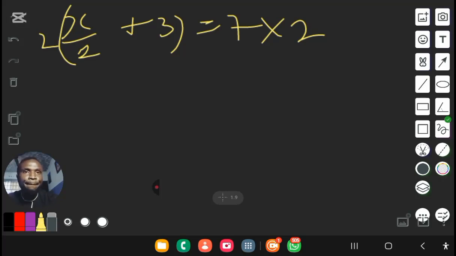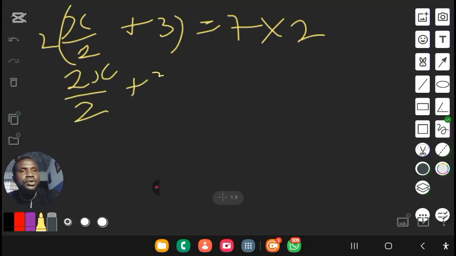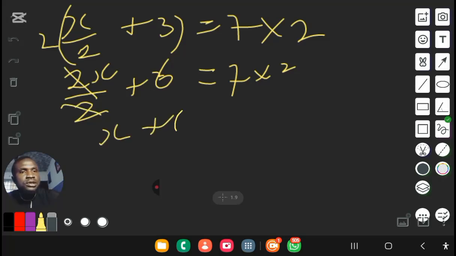So we say 2 times x over 2 is going to give us 2x over 2, plus 3, 2 times 3 is what's going to give us 6, then equals 7 times 2. So the 2 cancels the 2, x will be standing alone, plus 6 equals 7 times 2. 7 times 2 is going to give us what? 14.